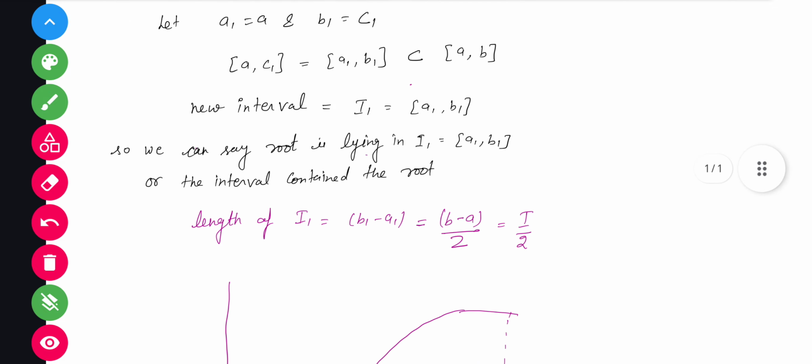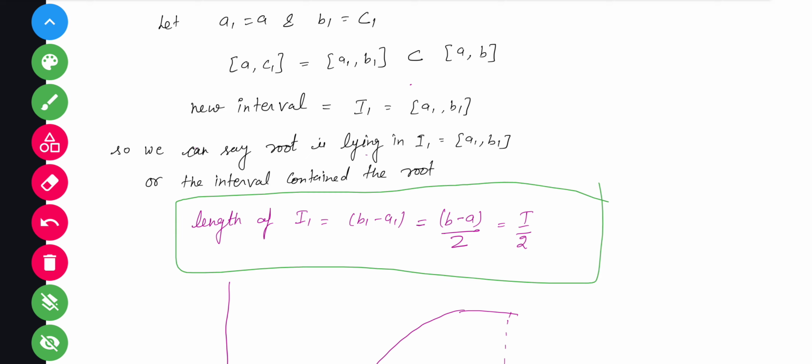Before that, let's see at what rate the interval is decreasing, and what is the order of convergence basically. You can see the length of I1 is equal to B1 minus A1, that is B minus A by 2. At the very beginning the first interval was A and B, and after bisecting it once, the interval becomes half, right?